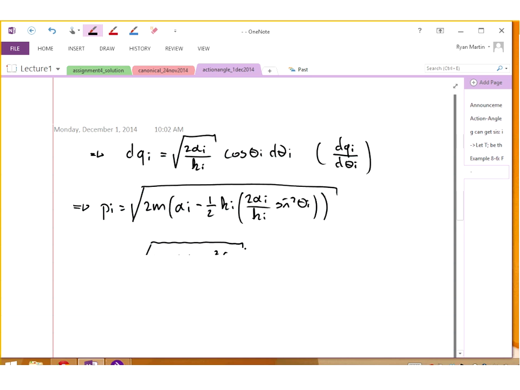So that gives me that p_i is equal to the square root of 2mα_i cos squared theta_i. Okay. So now I found p_i in terms of something that's a little bit easier to integrate.